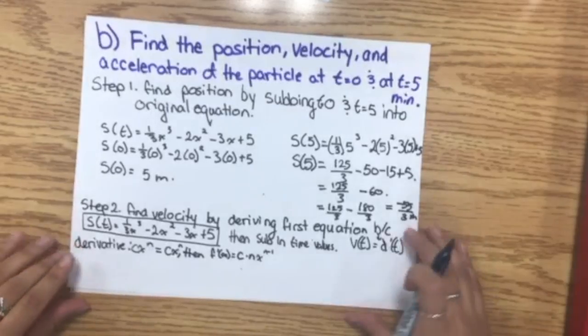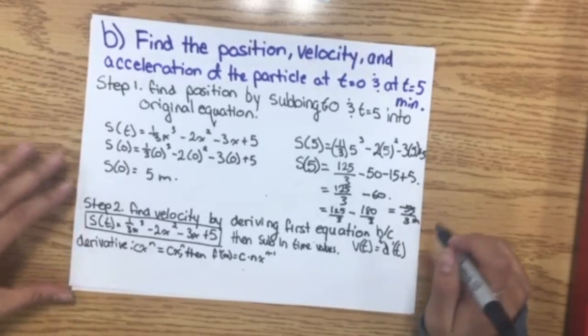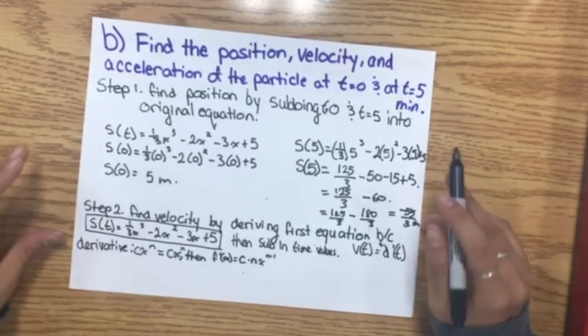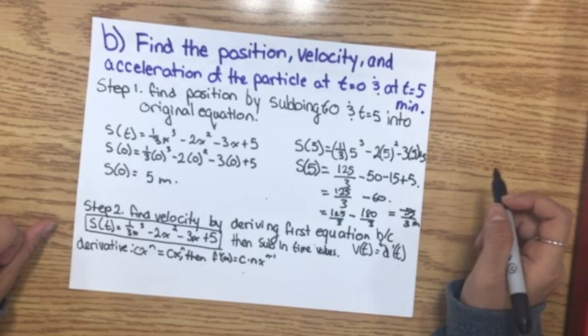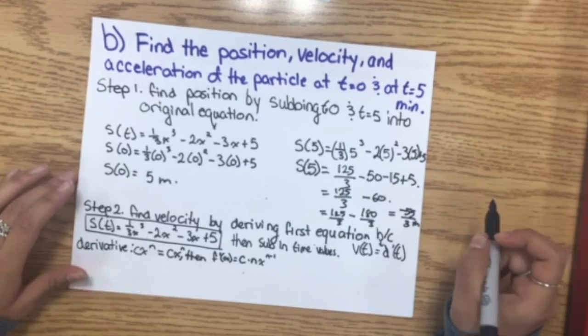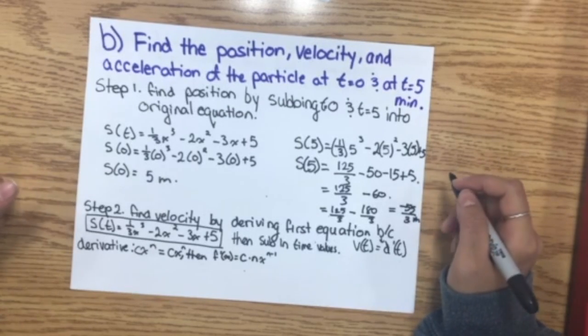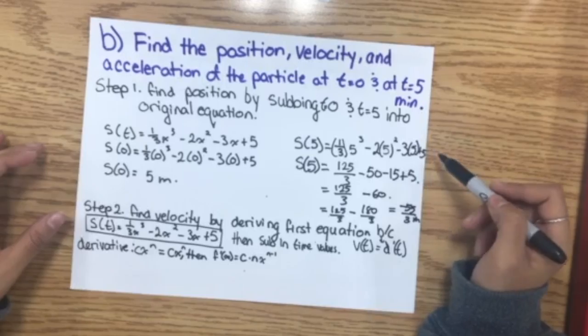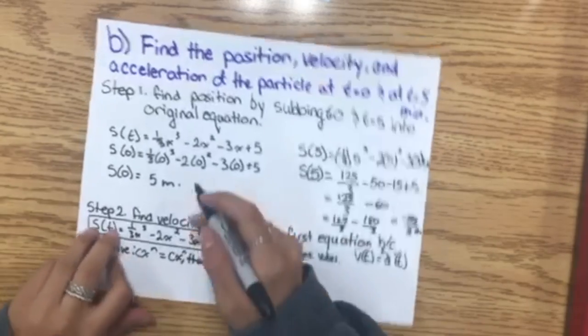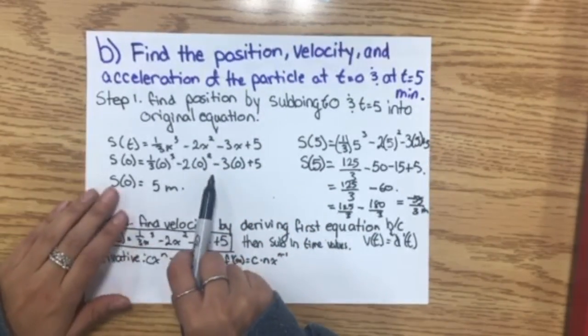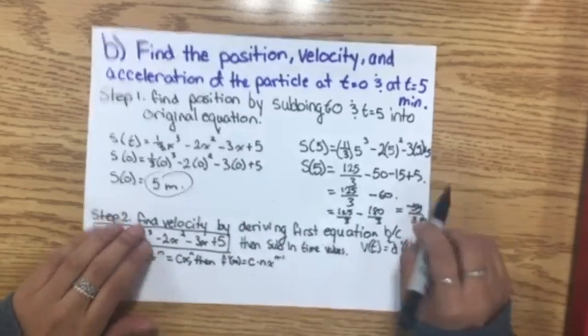For B, it says, find the position, velocity, and acceleration of the particle at t equals 0 and at t equals 5 minutes. Step 1 is finding the position by subbing t equals 0 and t equals 5 into the original equation. We sub t equals 0 into the original equation, and we're left with 5 meters again.